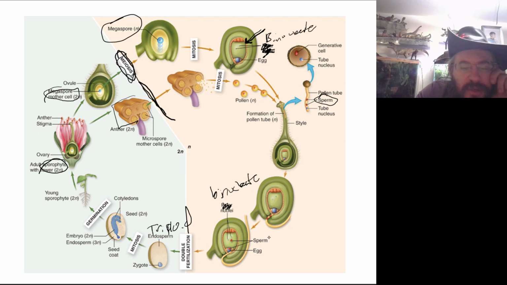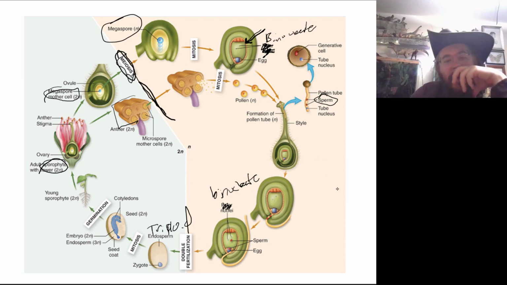So 2 sperm, 2 fertilization. And then we have our embryo contained within our seed. So there's our seed coat, there's our embryo. Fun anatomy in these little plants, right?